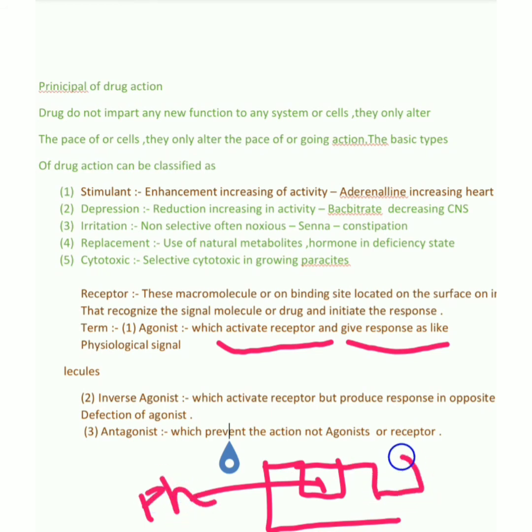Another is a drug, which is also an agonist. They both have the same direction, friends, and their signals are also the same. That's why it activates the receptor and gives a response like physiological signals.